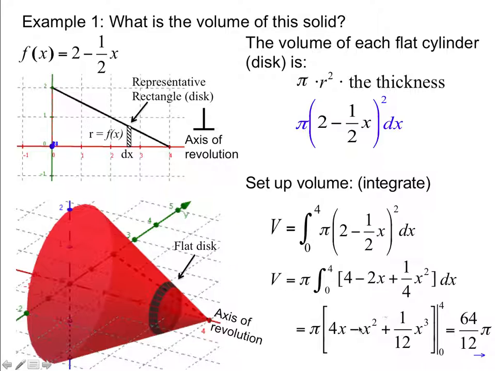So when we stick 4 in, we get 16 minus 16, that's interesting, times 64 over 12. And then when we put in 0, we get zeros in all these. So we must have 64/12 pi. That can be reduced, but it's really not necessary to reduce it. We just leave it as 64 over 12.